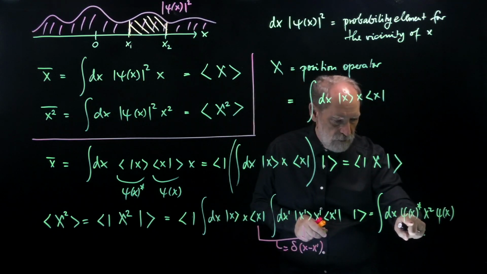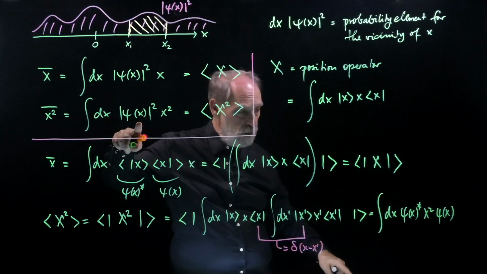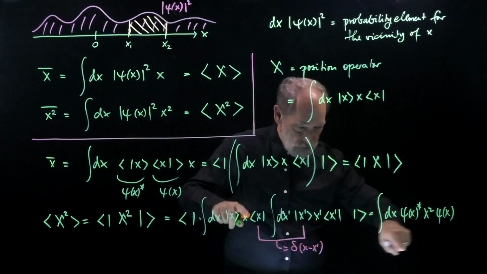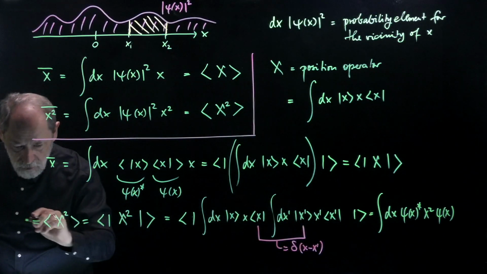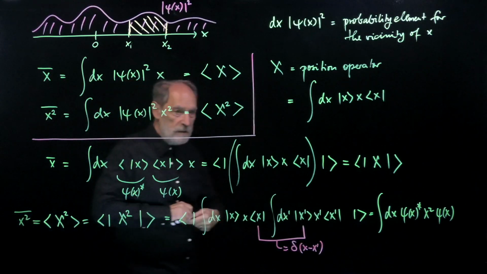And yes, the product of complex conjugate wave function is the square of the wave function, and then there is the x squared from here. And so this expression is equal to what we have called the mean value of x squared above.